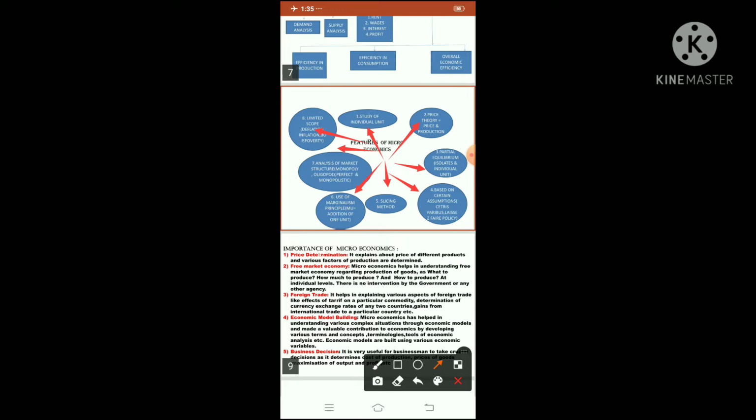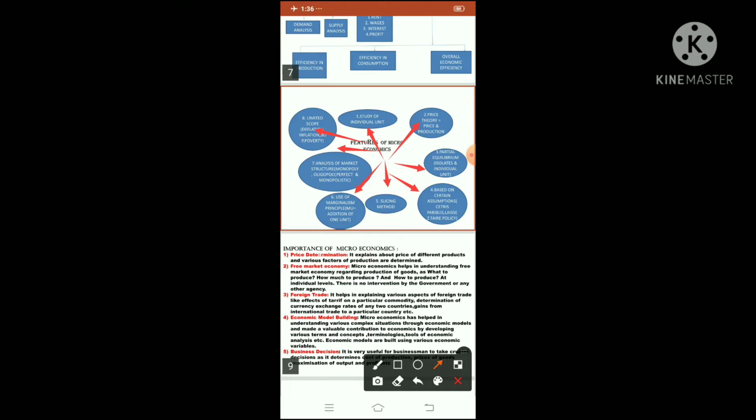Many major problems are there: unemployment, poverty, inflation, deflation, balance of payments. We have to study them in an aggregate way. Microeconomics helps, but with limited scope towards these factors.